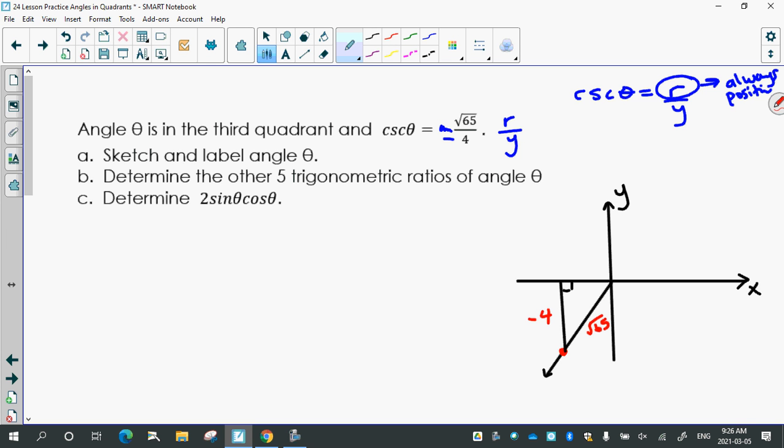So now it's x that we're missing, so we can still use the Pythagorean theorem. This time we know r is root 65, so square root of 65 squared equals x squared plus brackets negative 4 squared.